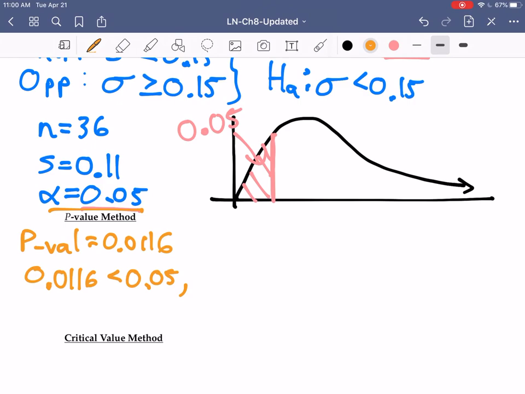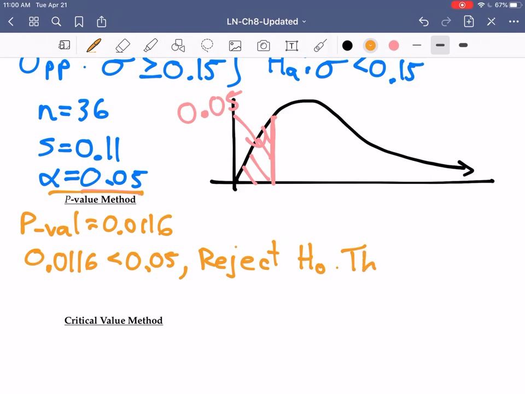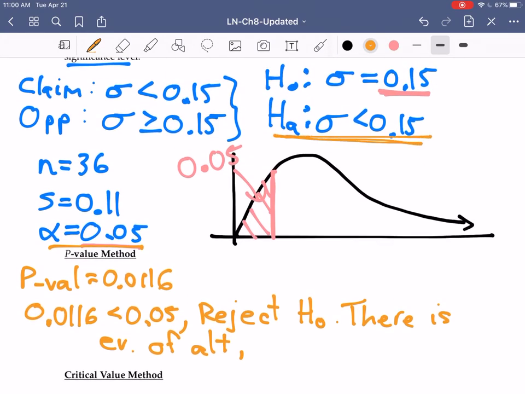If the p-value is low, the null must go, so we reject the null. And so there is evidence of the alternative, which is that the standard deviation is less than 0.15.